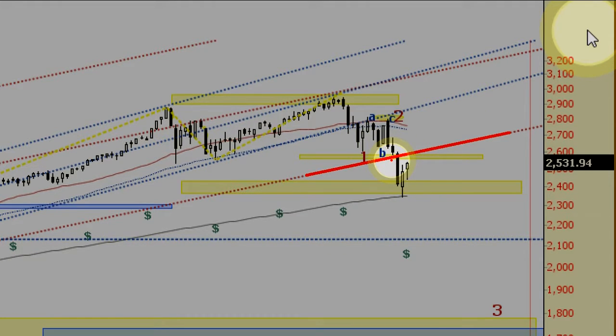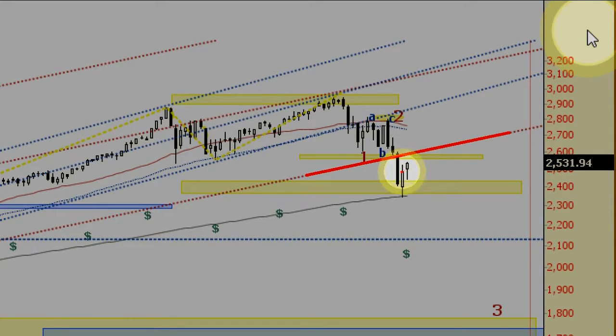We're going to talk more about support and resistance later on in the presentation, but I want to just discuss the S&P 500 and the broad market as it stands right now. So we had a break of this channel. We hit the 200-day, or in this case the 200-week moving average.